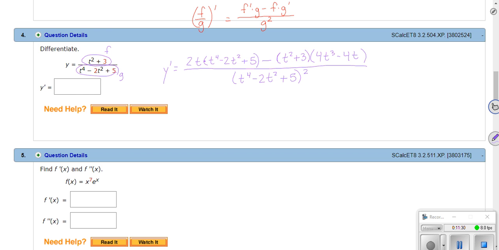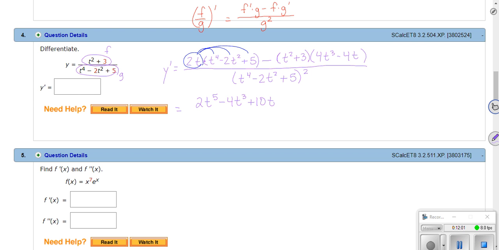Okay, so let's pretty up the numerator a little bit here. If I distribute this 2t to all three terms, I'm going to have 2t to the 5th minus 4t cubed plus 10t. Now, this back half, let's FOIL it, and then you've also got to distribute the negative to each term.